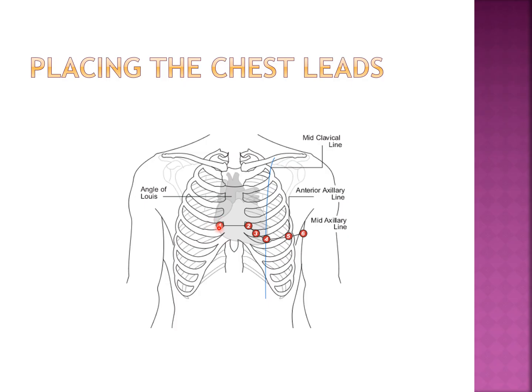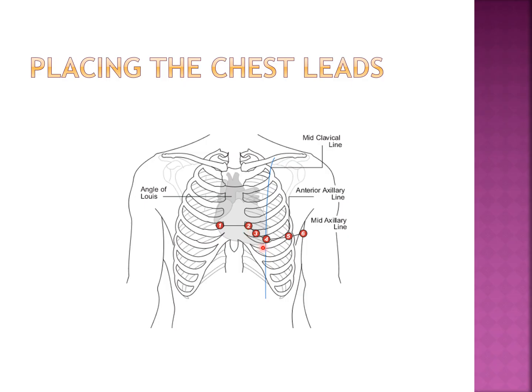Some people say the fifth rib, I just do the fourth intercostal space. V1 goes on the right side of the sternum. V2 goes on the left side of the sternum, on the very same space.